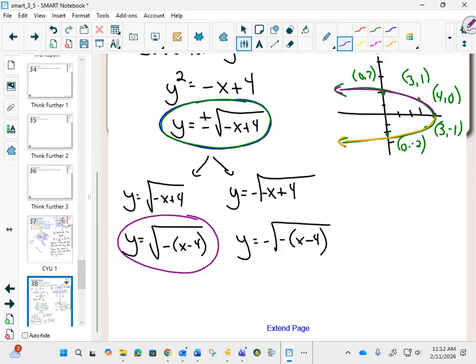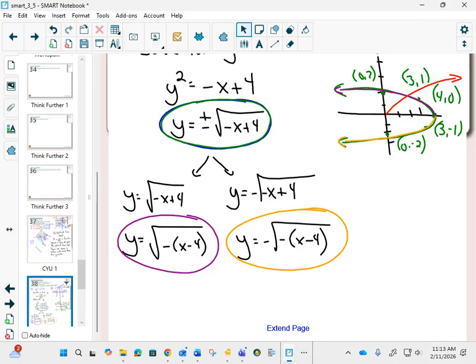You would have a horizontal reflection, which would flip it over the y-axis, and then move 4 to the right. Can you see your regular square root? I'll just draw it. Here's my regular square root graph. Can you imagine that one flipped over horizontally and then move 4 to the right? Match up perfectly with the purple one. The orange one is this equation.